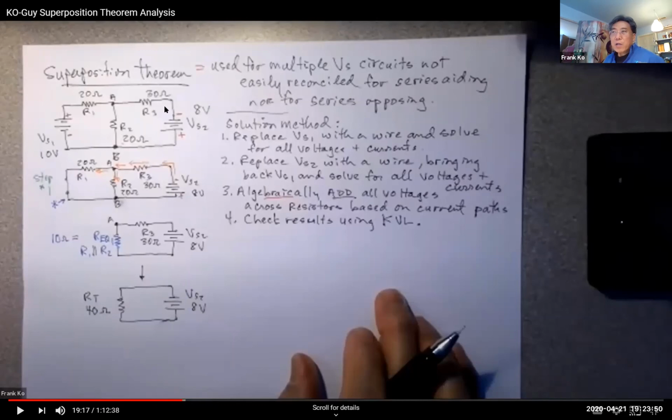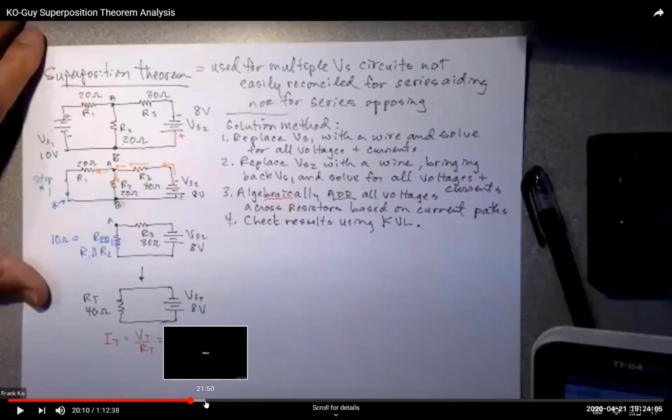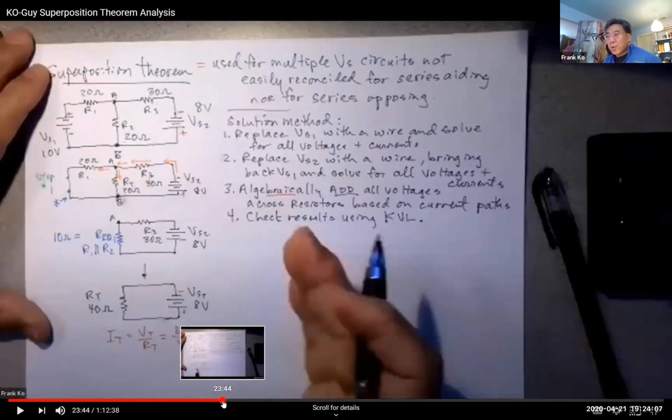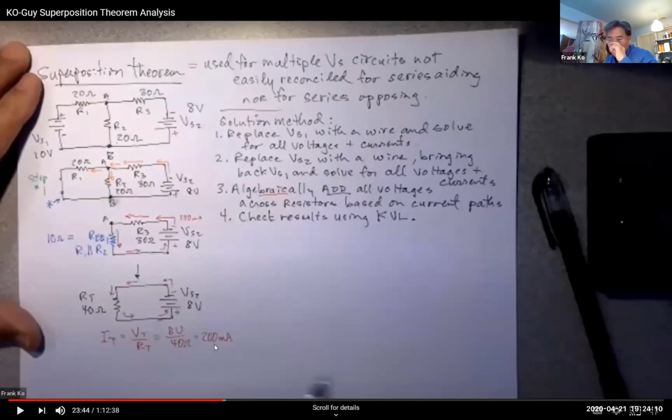Have I done my circuit reduction as I've done in previous examples with redraws, following these steps down to here? Once I get here, can I analyze for I total? Yes. And as I analyze for I total, I determine it's 200 milliamps. Once I determine this is 200 milliamps, this circuit is solved.